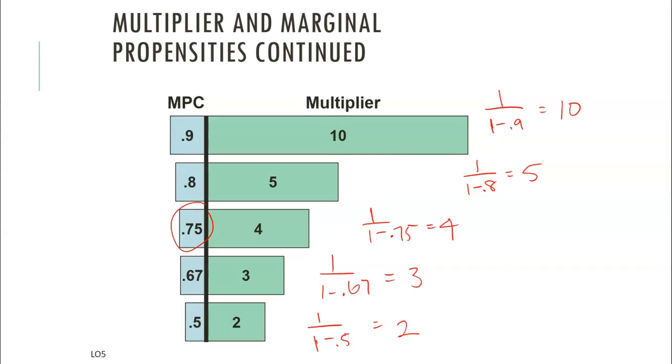So even small changes in that saving and spending rate are going to give us potentially a big change in the multiplier. So marginal propensity to save and marginal propensity to consume are very important in how quickly your economy grows or shrinks and how effective government policies are going to be at expanding or shrinking the economy.